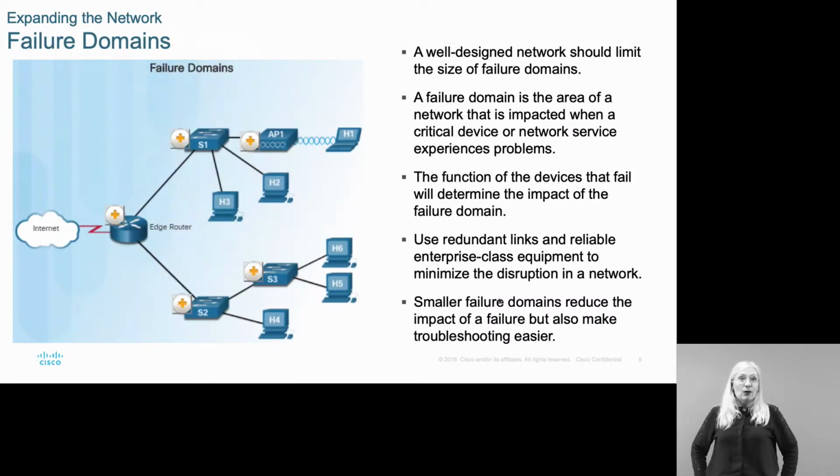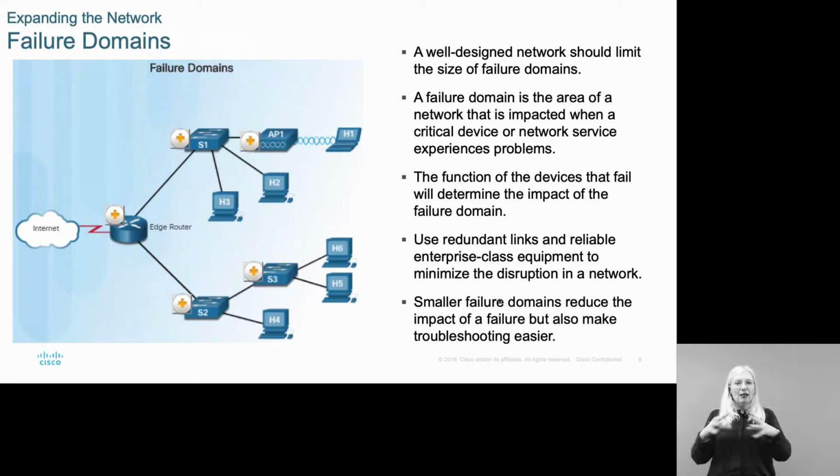We also like to have the failure domains described. A failure domain is an area of a network that is impacted if a critical device or a service experiences problems. So what happens is we don't want a single point of failure. So if something goes down at one place, we should be able to bypass that one.